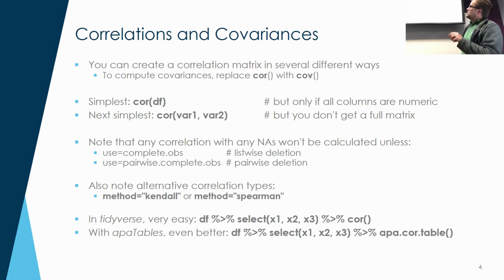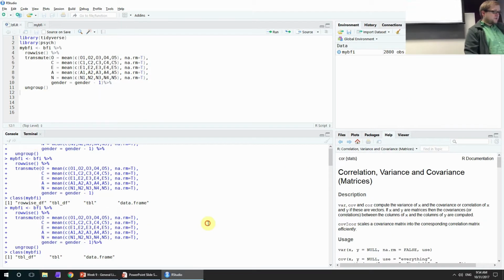The next simplest way to do it is this way, by actually giving the variables themselves. You've done that many weeks ago. You may or may not remember. But what you do in this format, if you're not in tidyverse, is you can say, for example, cor parentheses df$variable_name, comma df$variable_name, to get the correlation between any two random things that you want to get correlation between.